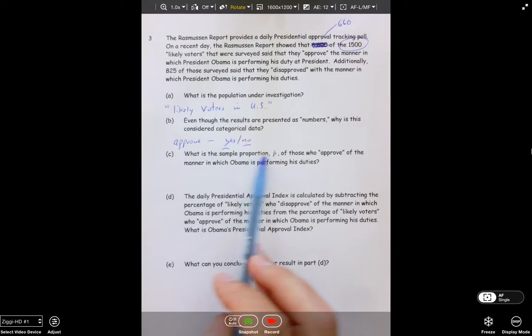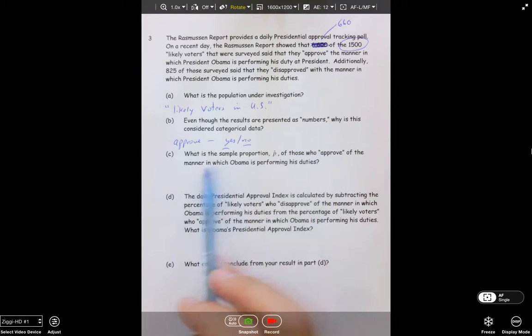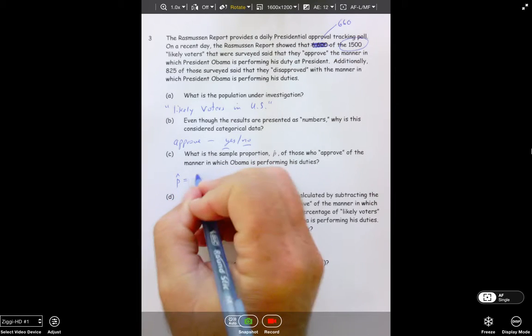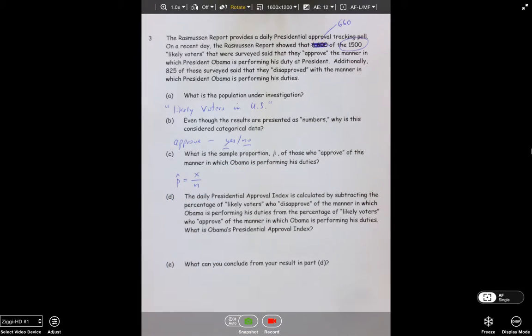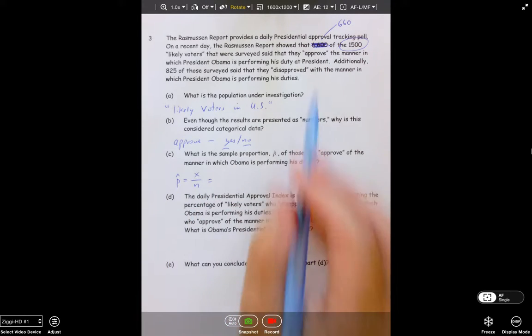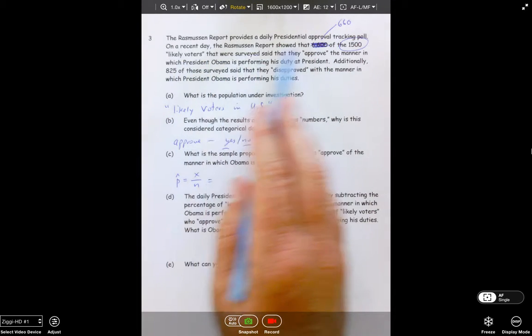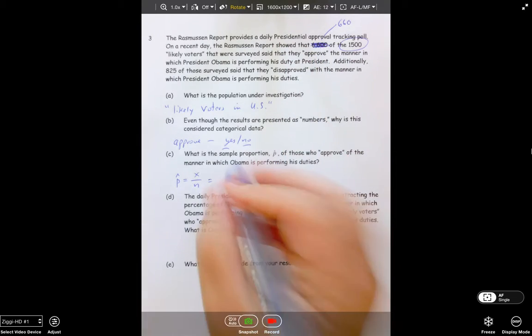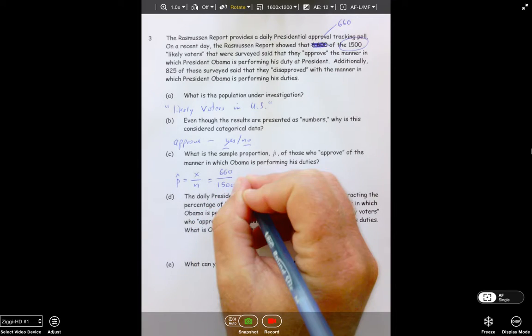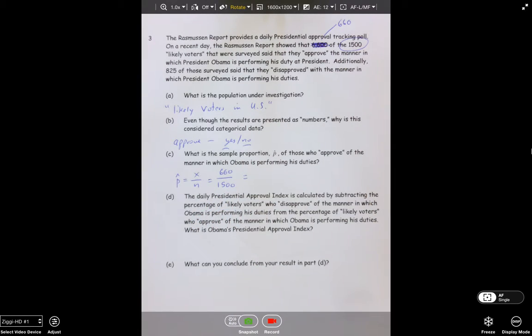What is the sample proportion p hat of those who approve of the manner in which Obama is performing his duties? So guys, remember p hat is x over n. We're focusing on those who approve, and those who approve were 660 out of 1,500. I'll have to get my calculator on that one.